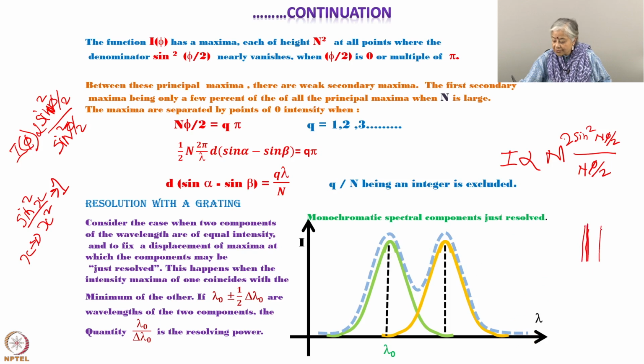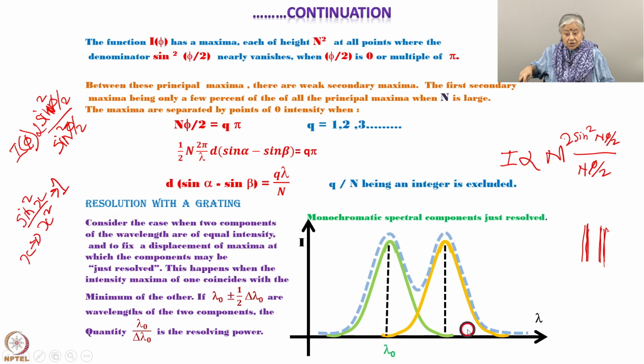So, if they are very close, I am unable to distinguish, but when they are like this, I am able to distinguish. So, I want to find a condition under which these two lines are distinguishable. Okay. So, here suppose I take the peak of this line at lambda 0 say.